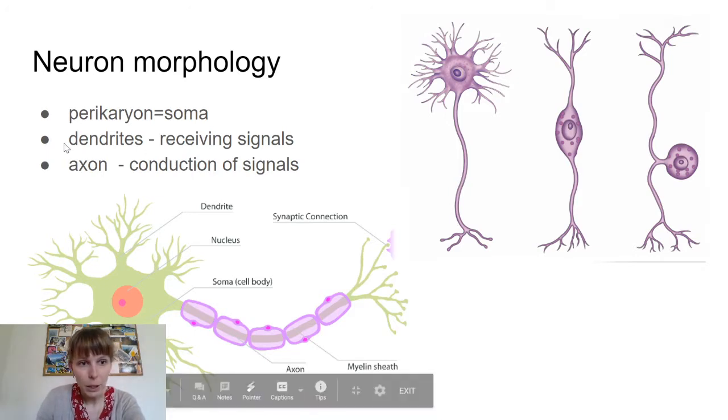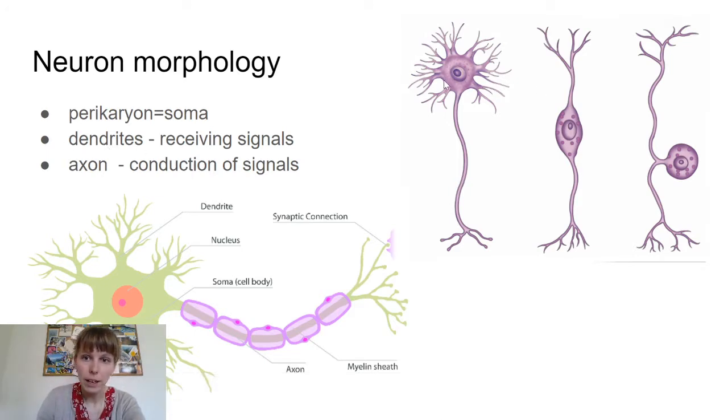Then they will have dendrites. These are the usually shorter processes from the soma, and the dendrites are primarily responsible for receiving the signals that the neuron is getting from other neurons. And then you have one axon, which is usually the longest process, forwarding the received signal onwards.